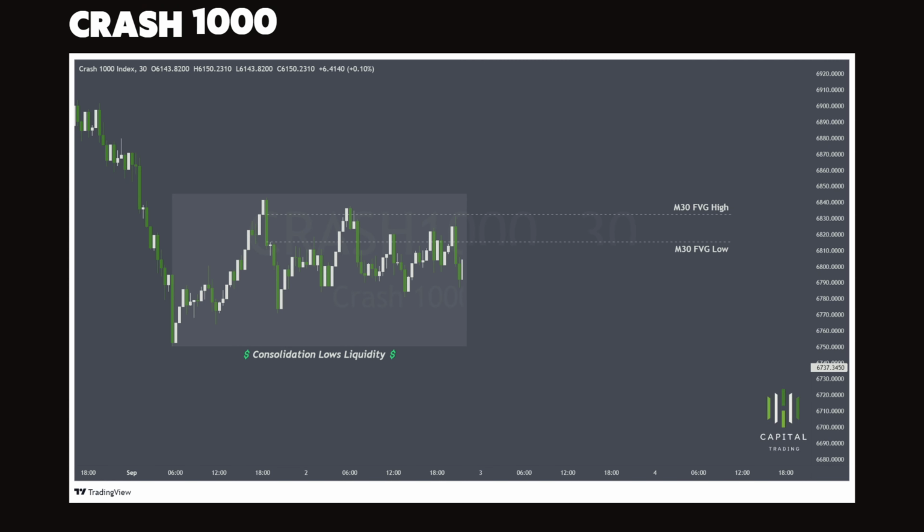Now let's jump into the Crash 1000 chart. So for Crash, this is our first example. We had price going down on this day. This was the second, and the time was 6 o'clock, where we identified the range low.